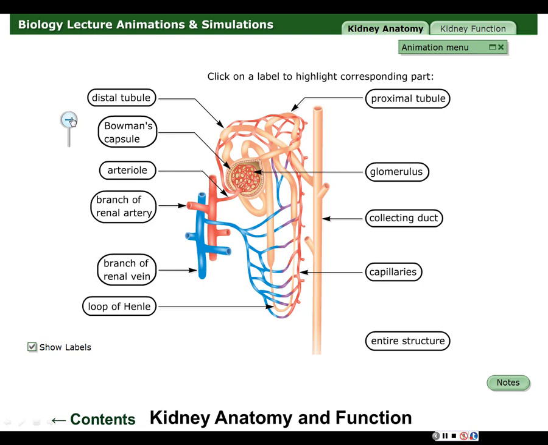So we have to have this unique mechanism for some capillaries to only filter, not reabsorb. So the first set of capillaries in the nephrons are designed so that they filter only, so that we can form something called filtrate.